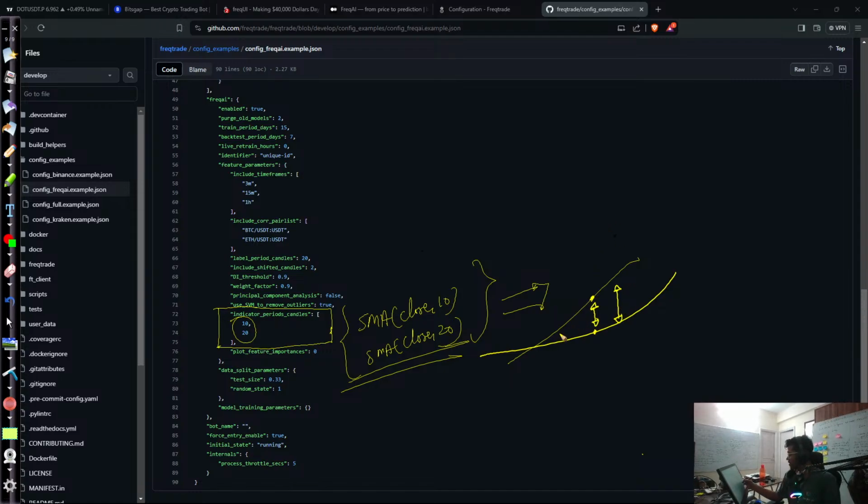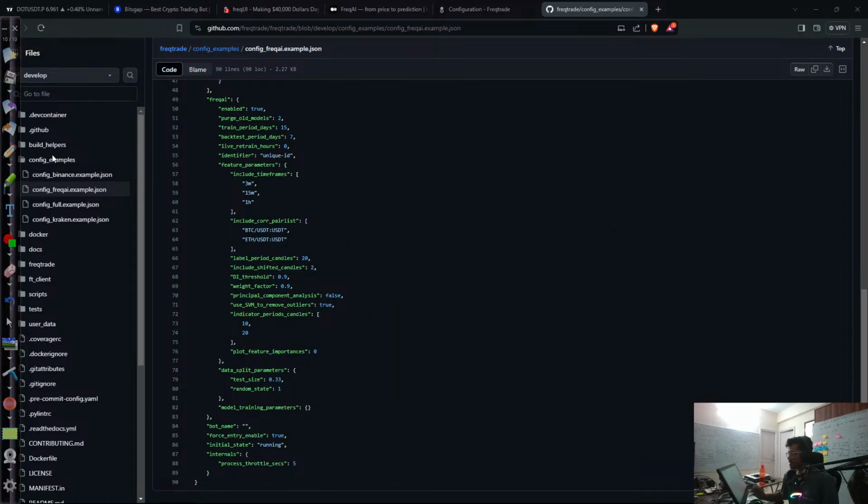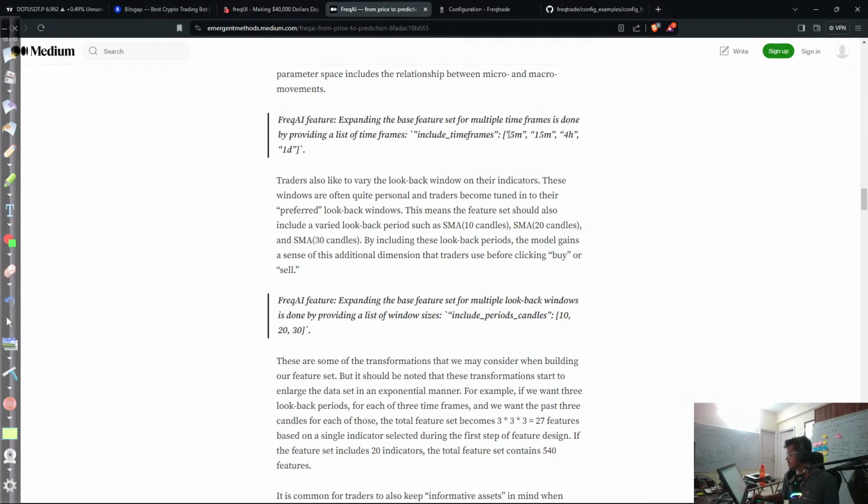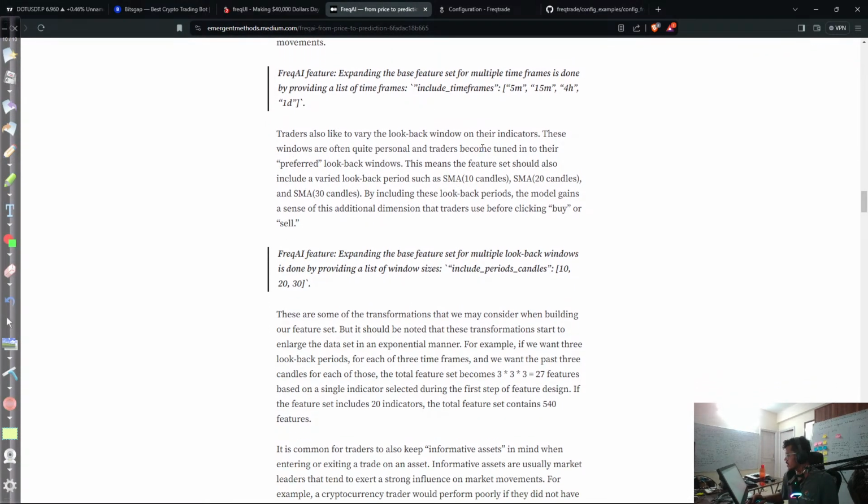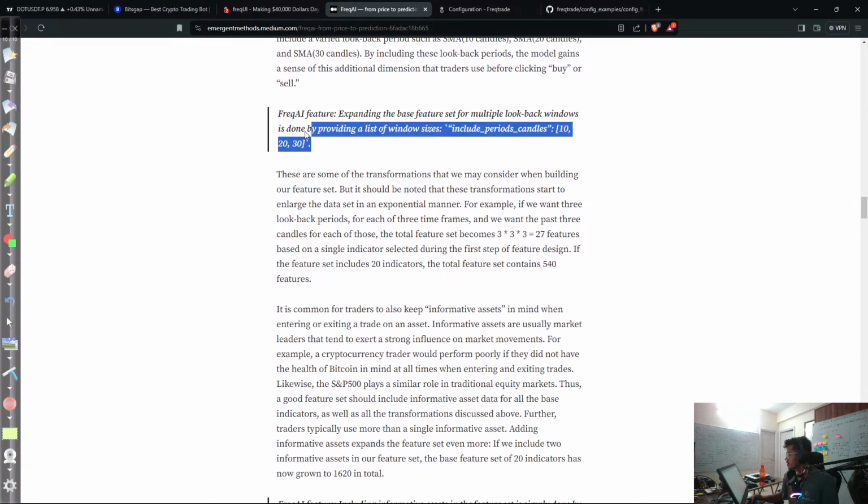So it might learn that when 10 is above 20, then it's an uptrend or something, the basic human emotion that we know, and basically it will inform that decision. So let's go back. Okay, so we got that.